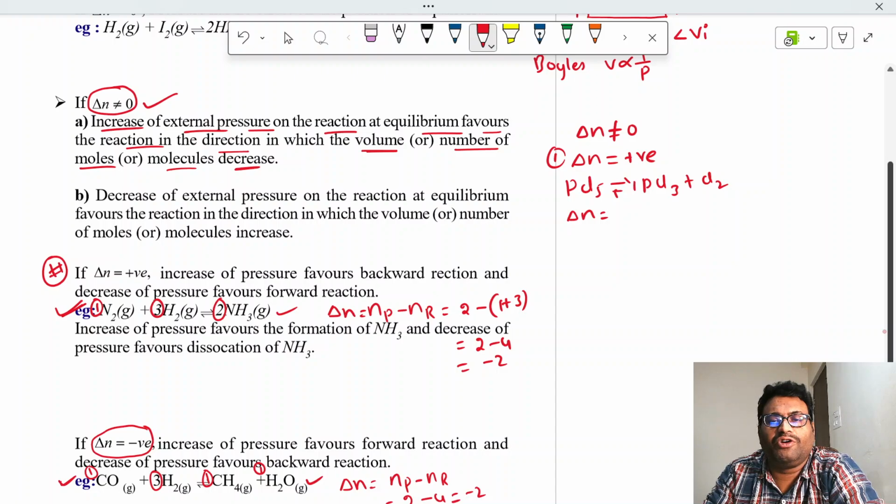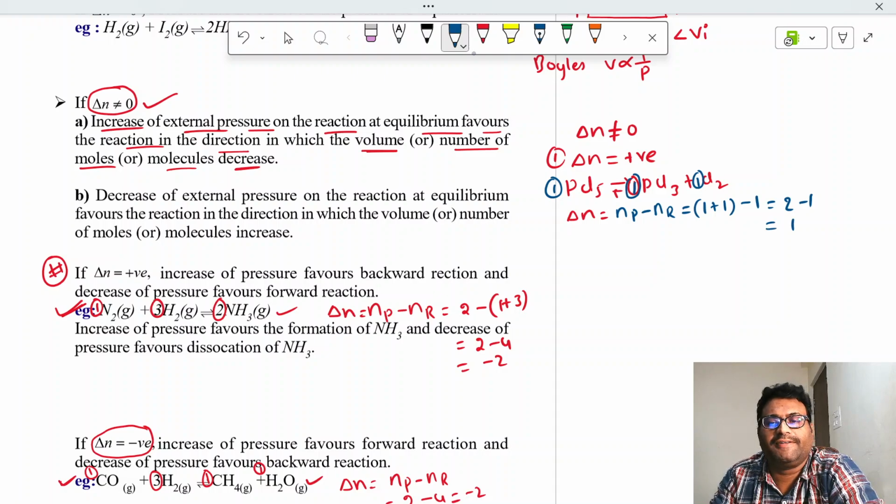Products minus reactants: 1 plus 1 minus 1, that is 2 minus 1, equal to 1. So delta N is equal to 1.